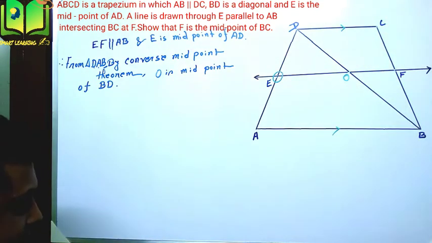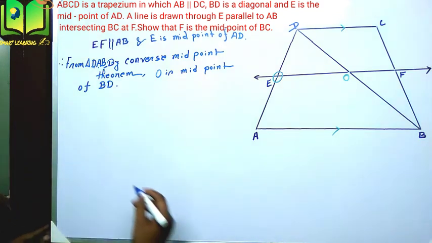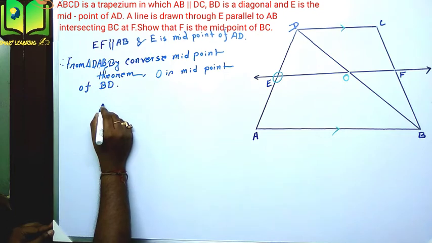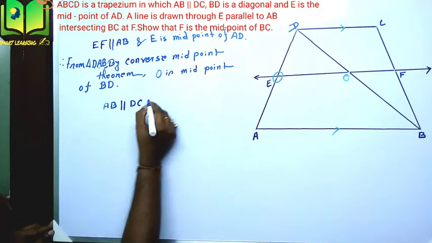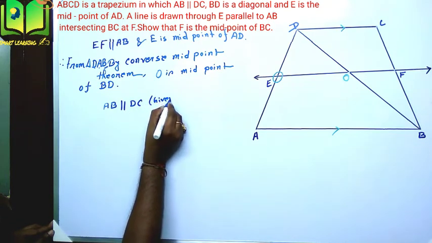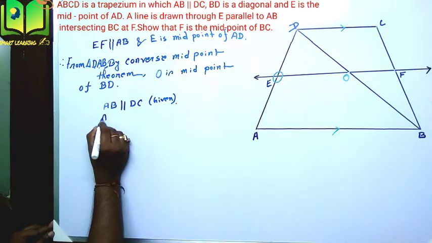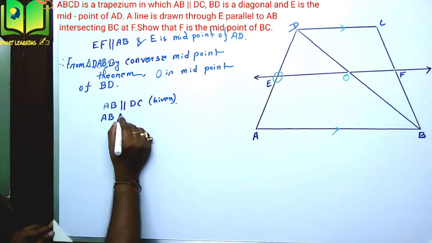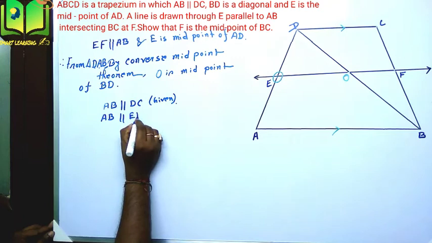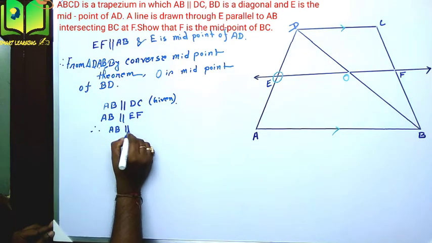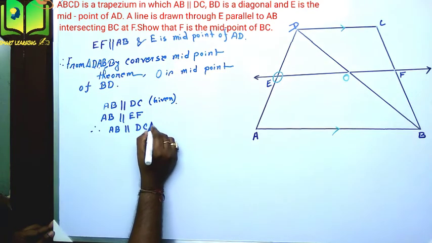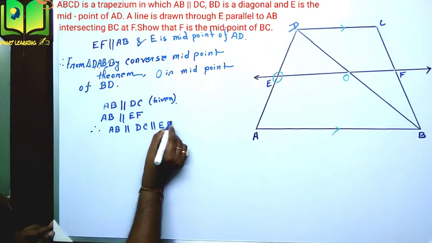So now what will we write here? AB parallel to DC, that is given, and we had AB parallel to EF. So therefore AB parallel DC parallel EF.